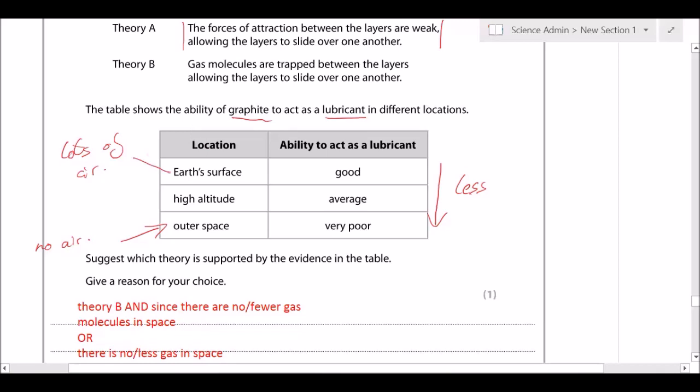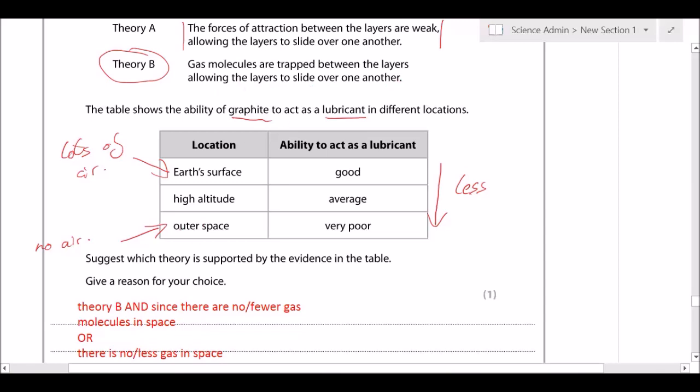Now, if you went into space, the air disappears and the layers would then sit on top of each other and there would be no gas. So therefore, this data supports theory B. Gas molecules are trapped between the layers, allowing the layers to slide over one another.